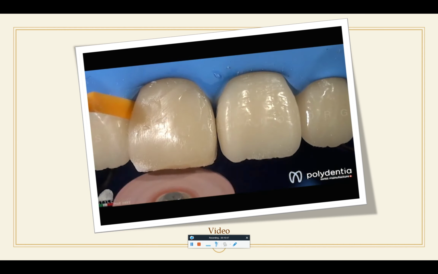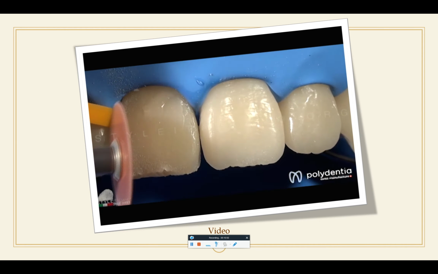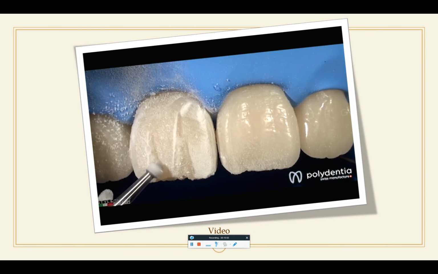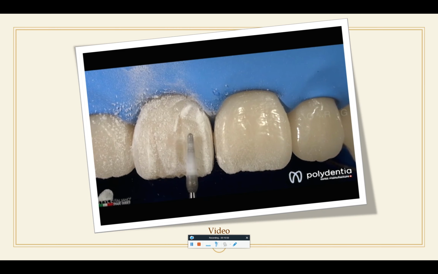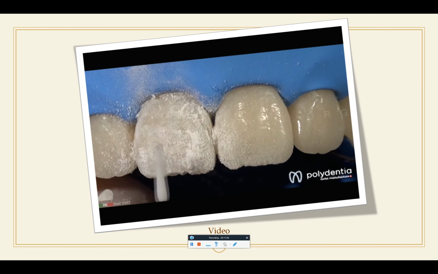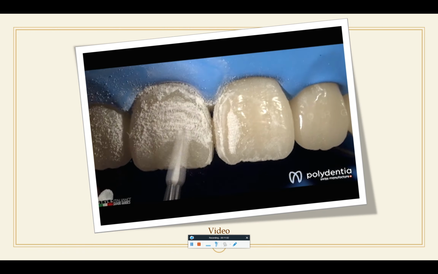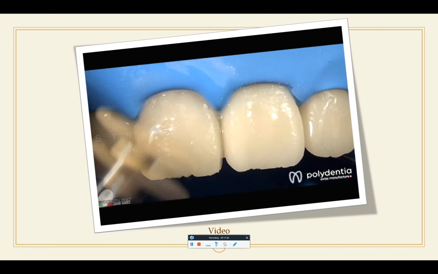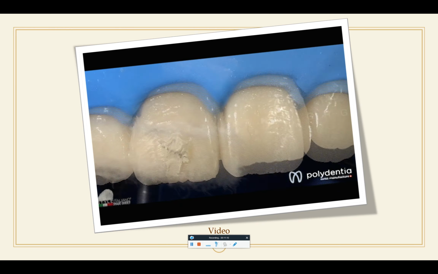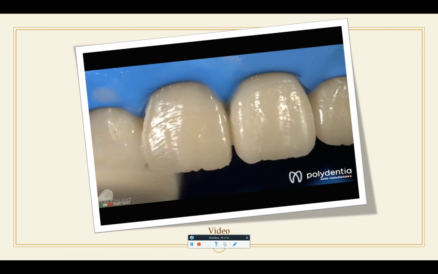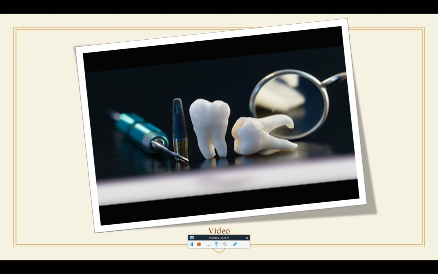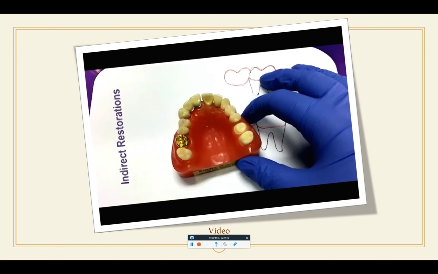And don't forget to always use the light cure to cure the composite. Then remove the excess composite by using the round and fissure bur to get the right look of the tooth. Eventually, this is how the tooth looks after we use composite in the same shape as the tooth for the patient.